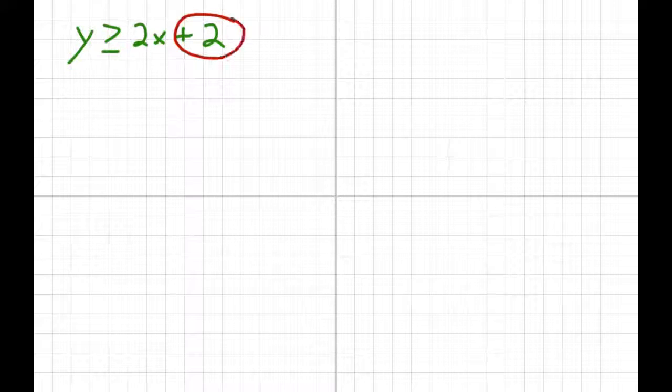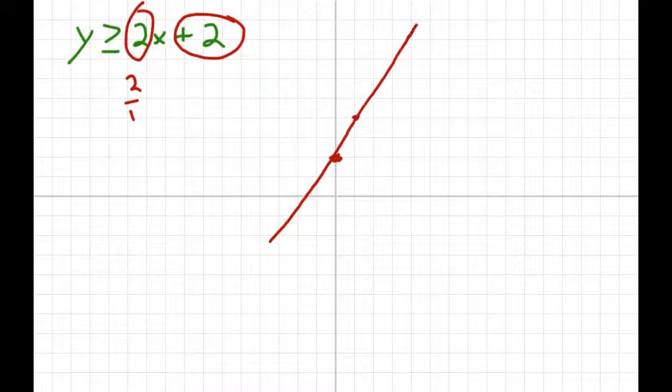This would be our y-intercept at positive 2, so I'm going to put a little point there. This is going to be our slope, 2, and we know that's the same as 2 over 1. That way we have a rise and a run. So I'm going to rise up 2, run 1, put a point. I'm going to draw my line through those points and put arrows on the end of my line.